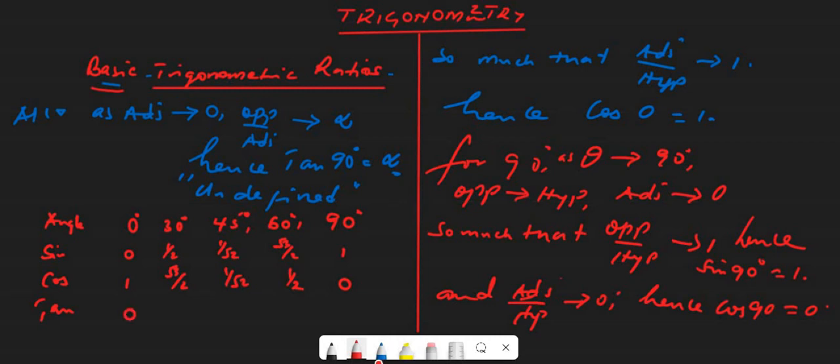We have found the tangent of 30 to be 1 over root 3, and then that of 45 to be 1, that of 60 to be root 3, and the one of 90 to be undefined.